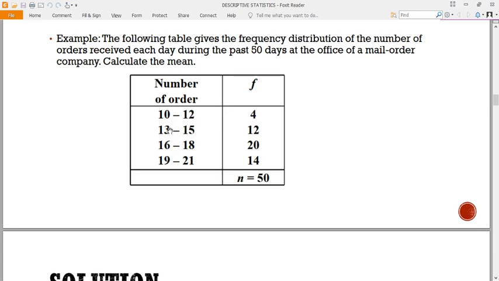So this one will be 13 minus 0.5, which is 12.5, and this will be 15 plus 0.5, which is 15.5. So if you take note of that, the upper boundary becomes the lower boundary. Once you don't have them, you have a problem with your data or with how you've added and subtracted.